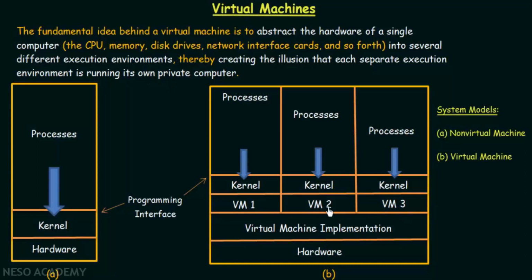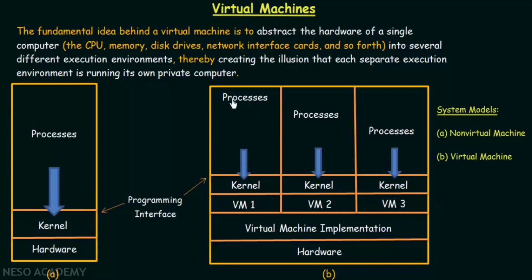These individual virtual machines have their own kernel, or their own separate operating system installed, and they are running their own processes. Virtual machine 1 has this kernel, virtual machine 2 has this kernel, and virtual machine 3 has this kernel. These kernels belong to these separate virtual machines, and they are not the same. So this is how a virtual machine implementation looks.